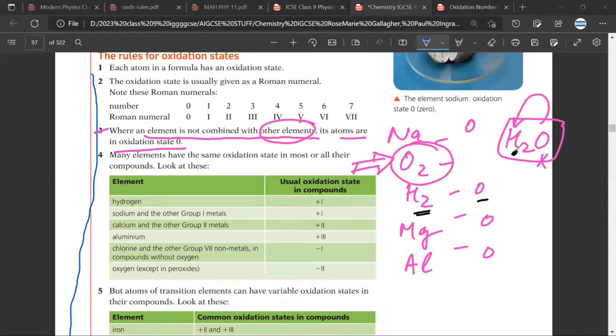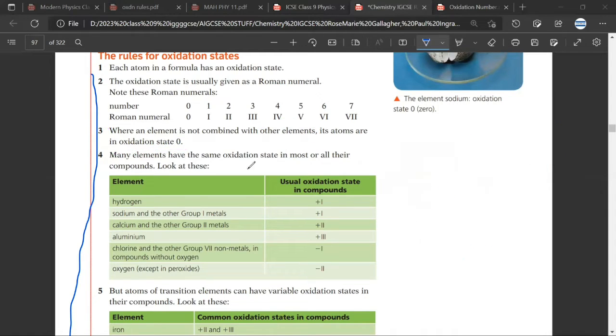We'll do examples, don't worry. Then, when we look at the rules for others, we'll discuss hydrogen in a while. But sodium, calcium, aluminium have oxidation numbers that are always +1, +2, +3.